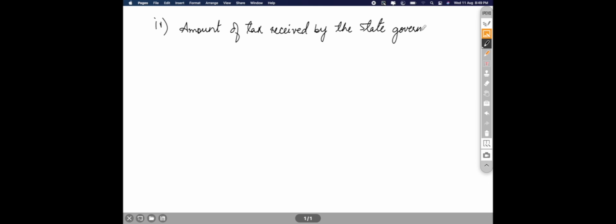State government will be 6% of the cost price for the consumer, because we know the consumer pays the total tax that is to be received by the government. So here this will count to rupees 2,622. Fine, we had already calculated this in the previous step. So this will be our final answer.